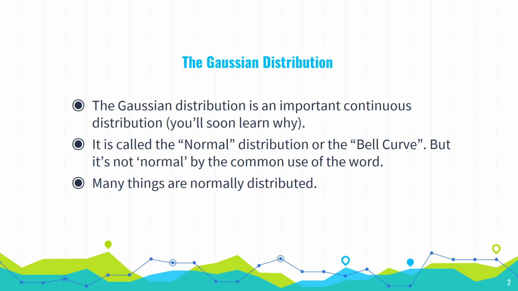But one thing you should know, it's called a normal distribution not because it is normal in the sense of being common or being typical or being usual. It's given the word normal because of a technical mathematical reason. It goes back in history. It has to do with mathematical norms, which is a type of measurement and stuff like that.